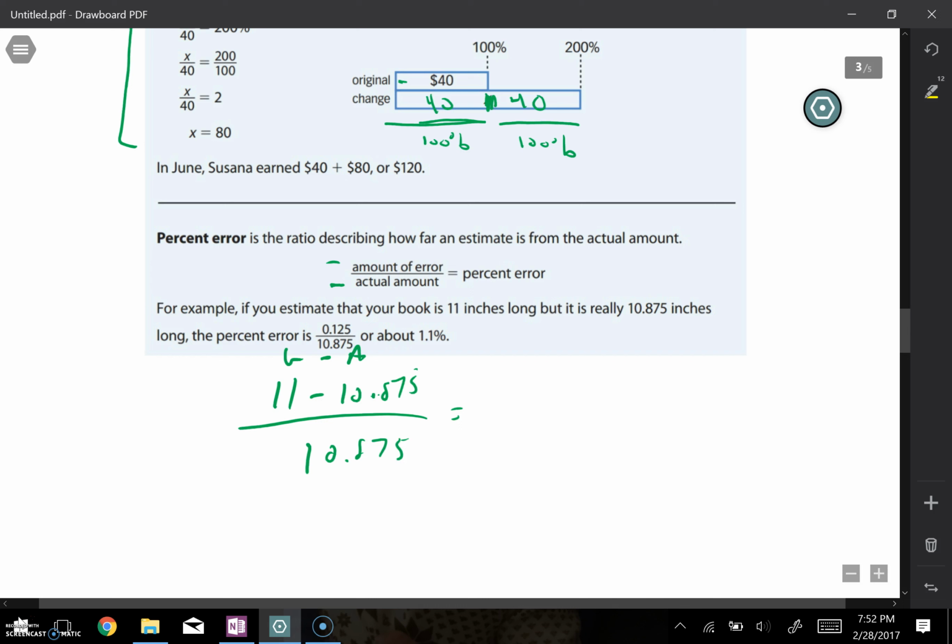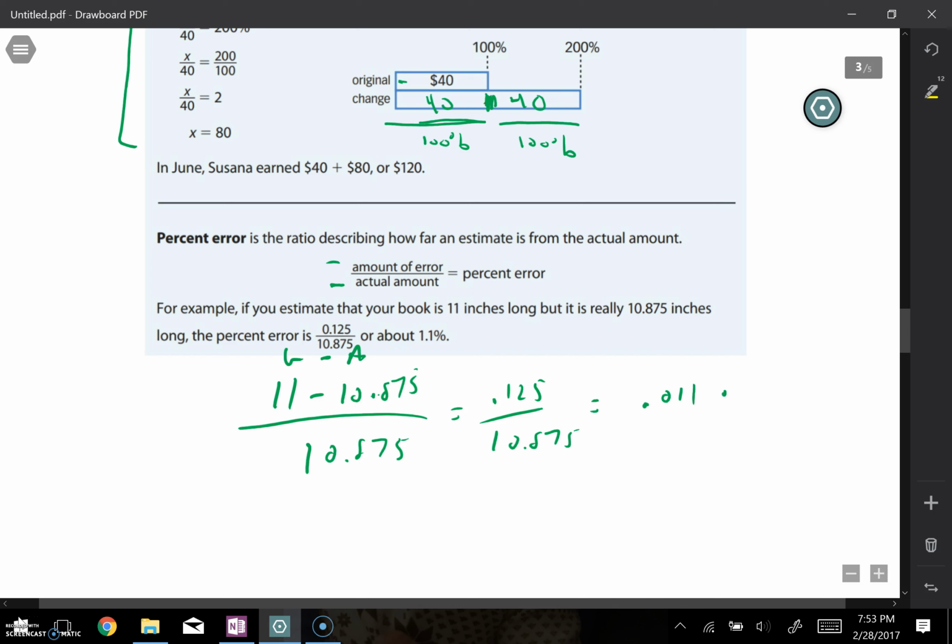The difference is 0.125 divided by 10.875, and if you did this on the calculator, it will say something like 0.011.